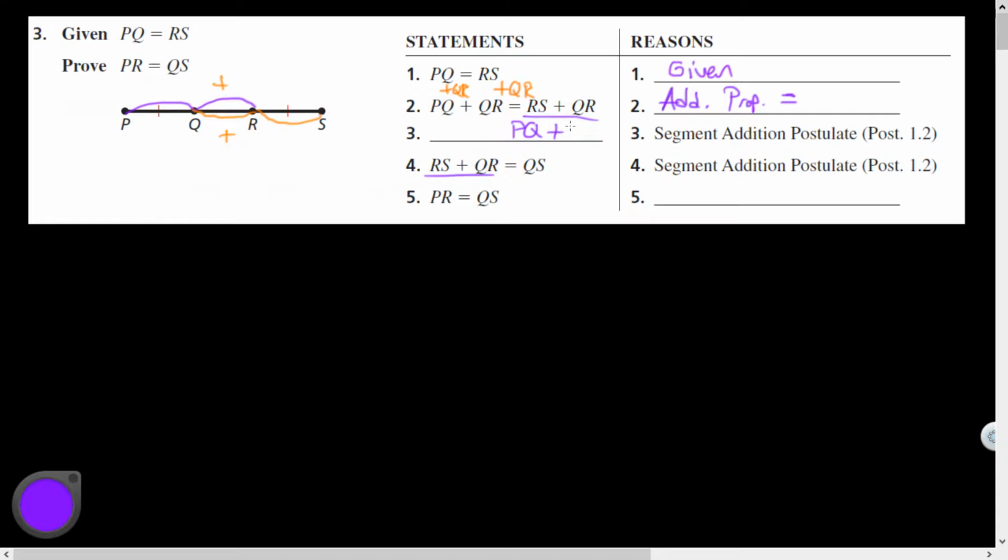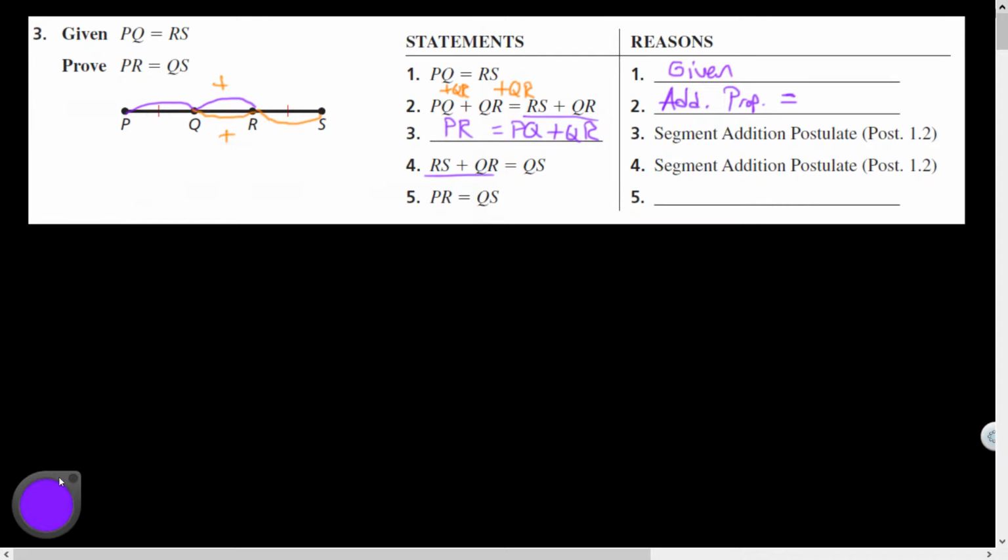PQ plus QR is going to be equal to PR, right? The big segment is equal to the sum of the non-overlapping little segments. That seems to make sense, right? That's the segment addition postulate.